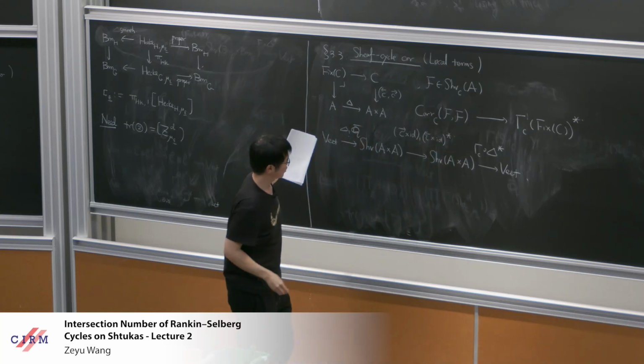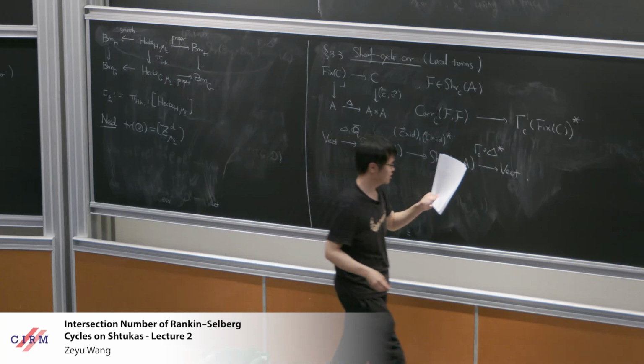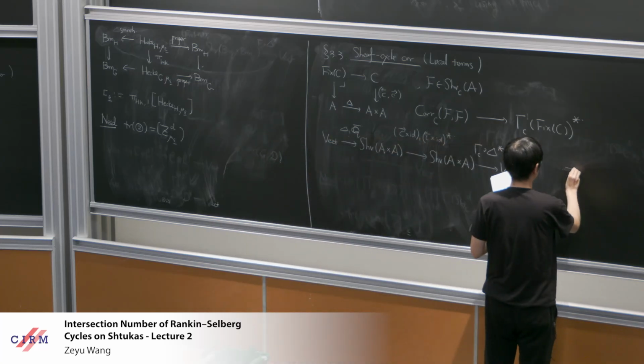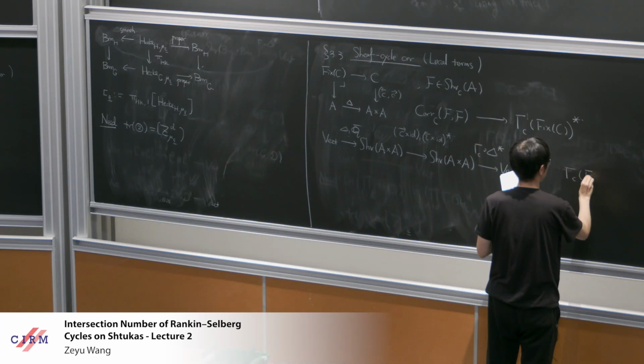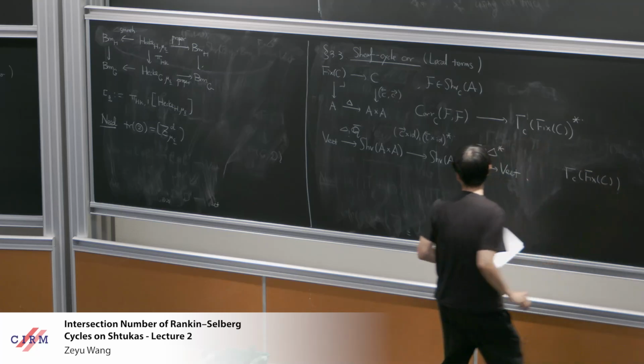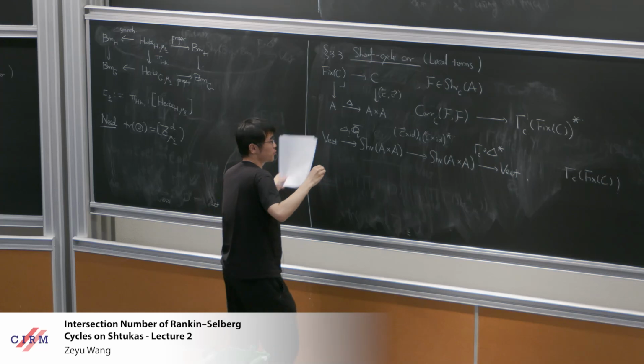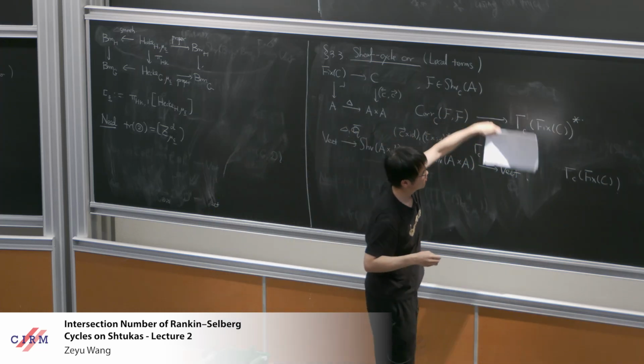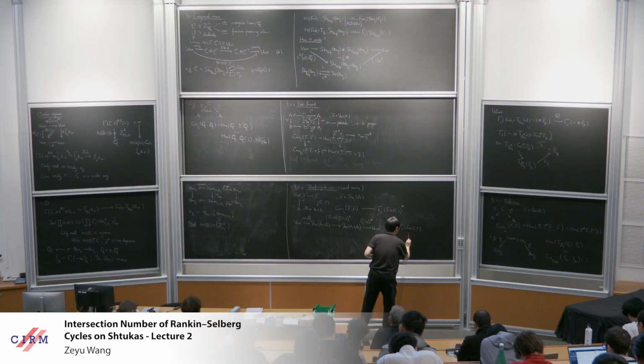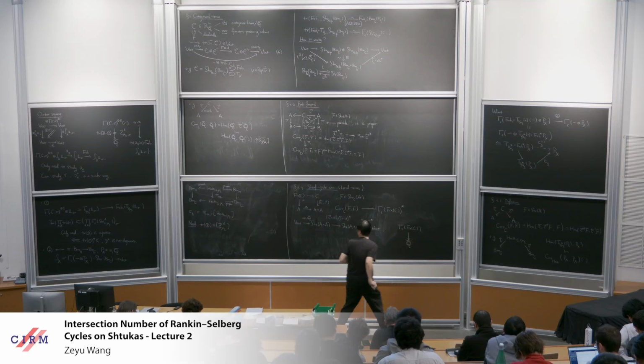Why do I write this diagram? Because the composition will be the compact support cohomology of the fixed point locus. That just follows from base change. And you want to construct a functional out of it, a map from it to Q_l bar.